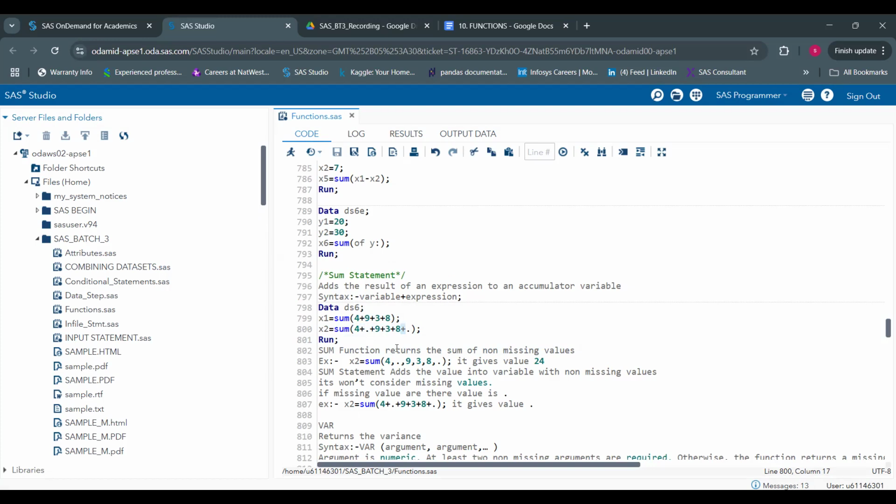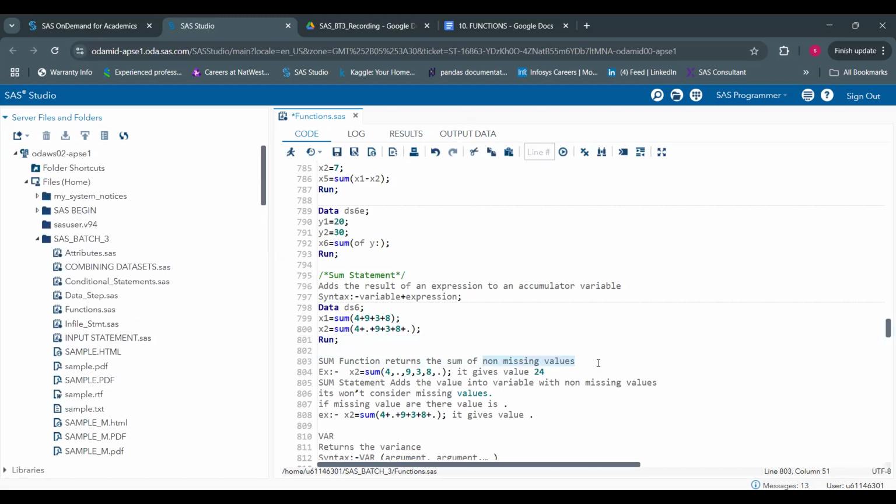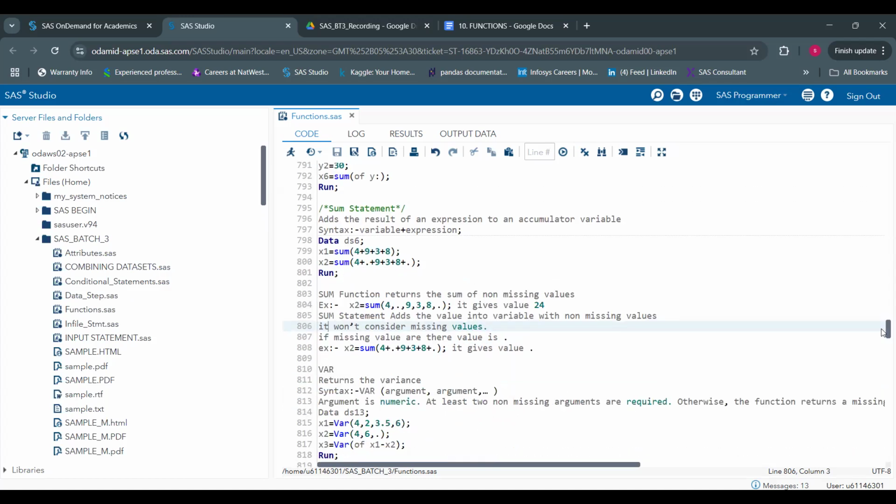If we have commas here, it will give you the value. You see, the sum function returns the sum of non-missing values. The sum statement adds the value into a variable with non-missing values. It won't consider missing values. If missing values are there, it'll give you a missing value. Right, ma'am?